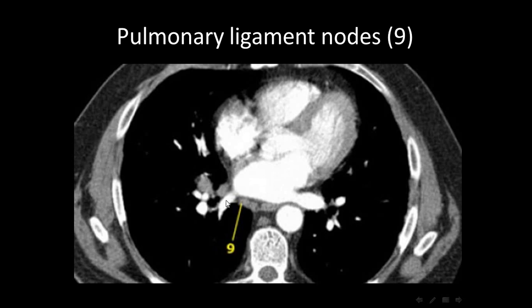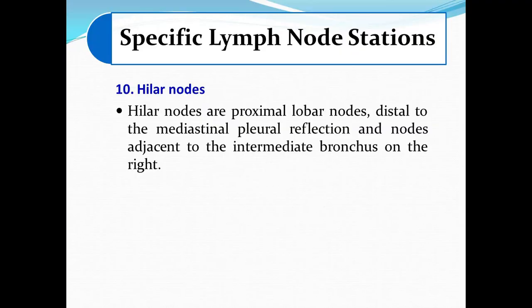Here, this is the pulmonary vein, right? These are the pulmonary veins. So included within the wall of the pulmonary veins are the pulmonary ligament nodes. So our main landmark here is the pulmonary vein. The 10th station is the hilar nodes.